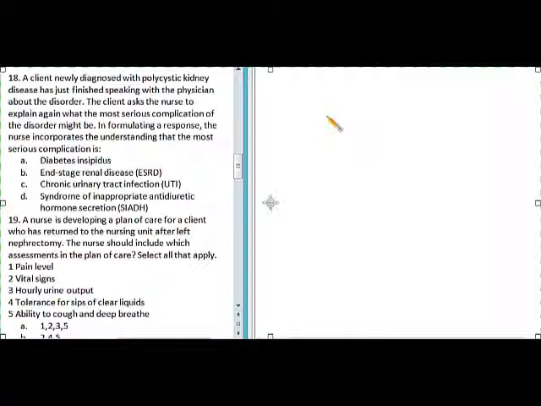So what is being asked in number 18 is the most serious complication of polycystic kidney disease. And the answer here is letter B. End-stage renal disease is the most serious complication.